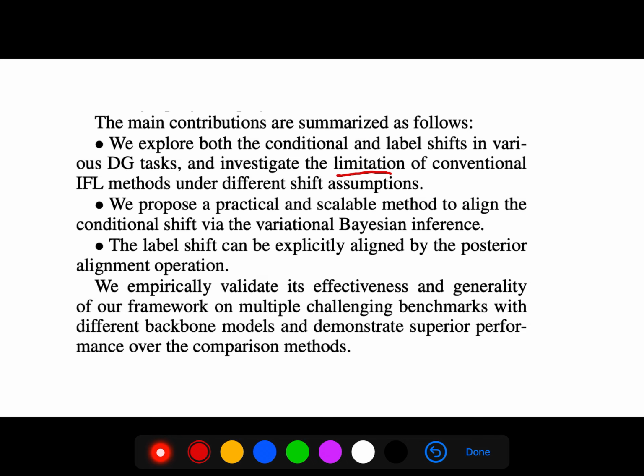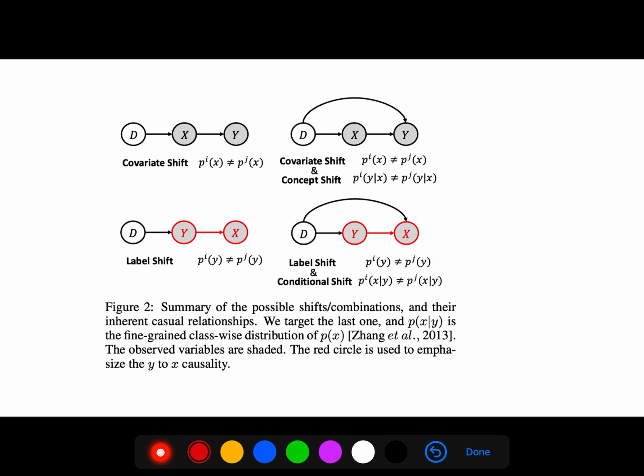Then the label shift can be explicitly aligned by the posterior alignment operation. So you see different kinds of domain shift like label shift, covariate shift, concept shift. Some people talk about conditional shift as well.